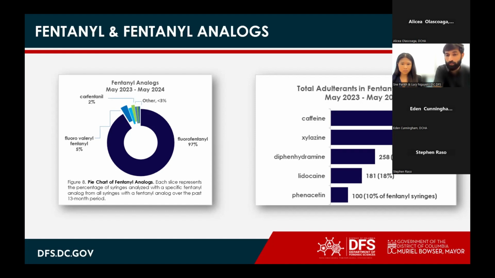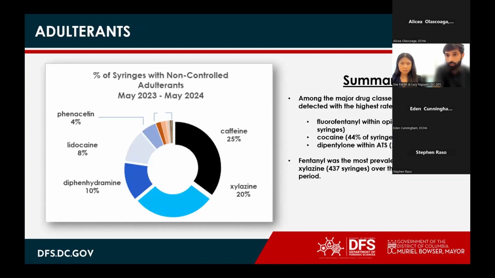So we do see adulterants in the drug supply quite frequently, and I'll actually use this next slide to get a little bit more specific into those adulterants. So this is overall what we've seen in the last 13 months, the frequency of these different adulterants. These are the top 5, but we can see that within the major drug classes, there are specific substances that are being adulterated more than others.